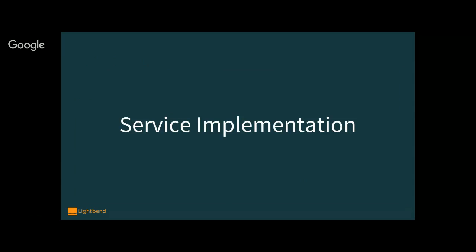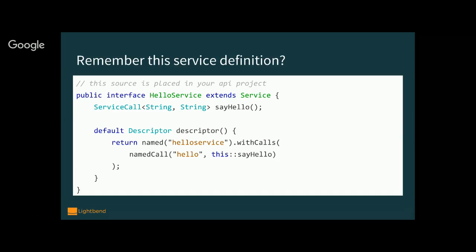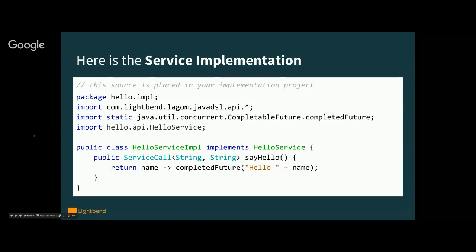So the next part is the actual implementation of your service. As a reminder, this was essentially the interface of our service, the API, where we had hello service as one of our descriptors. And now we'll see the actual implementation.